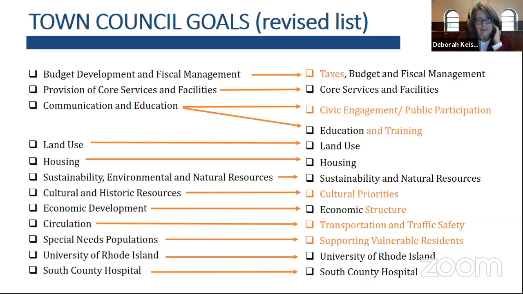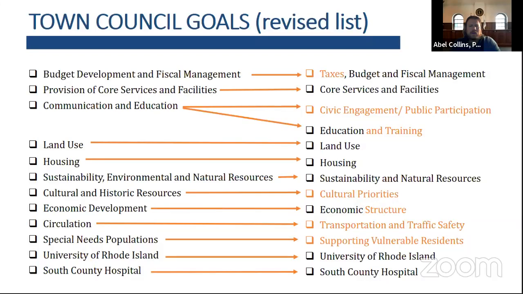And I'd also like to see some kind of exploration of diversity and inclusion and ways to make sure we are reaching not just our vulnerable populations, but our underserved populations. Right. Do you think that would fit under cultural priorities?